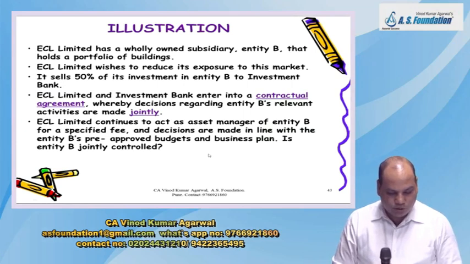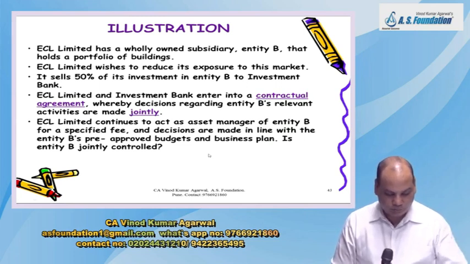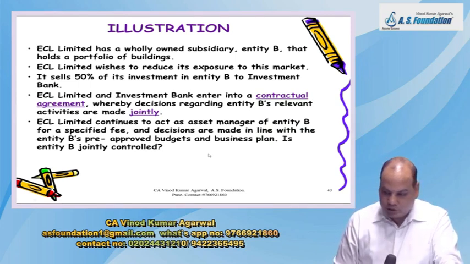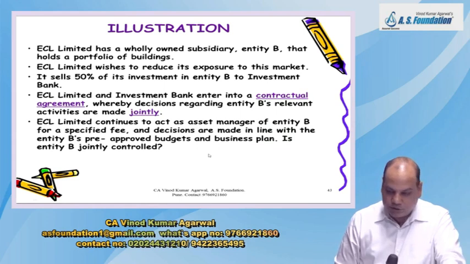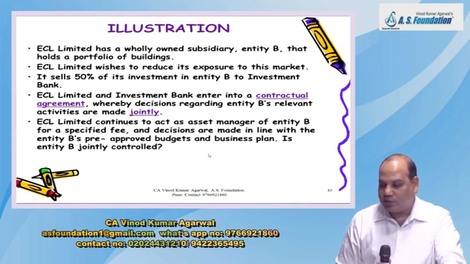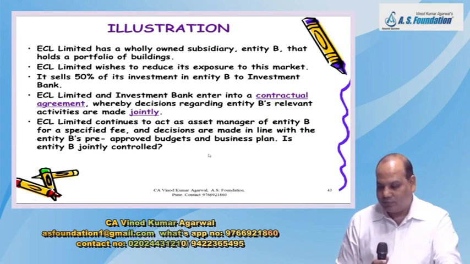Come to one more question for discussion purpose. Question number 11. ECL Limited has a wholly owned subsidiary, entity B, that holds a portfolio of buildings. ECL Limited wishes to reduce its exposure to this market.